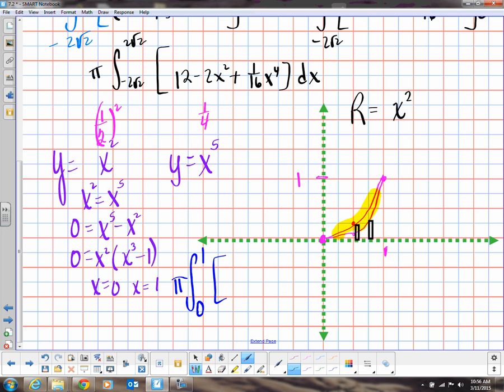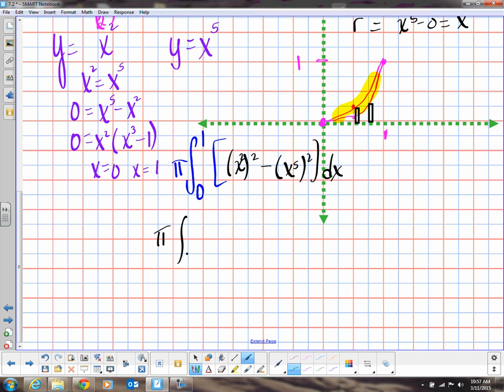X squared minus what? Or, what's my small r? X to the 5th minus 0? Okay, so this is going to be large r squared minus small r squared. And I think that's going to give you pi integral 0 to 1 of x to the 4th minus x to the 10th.